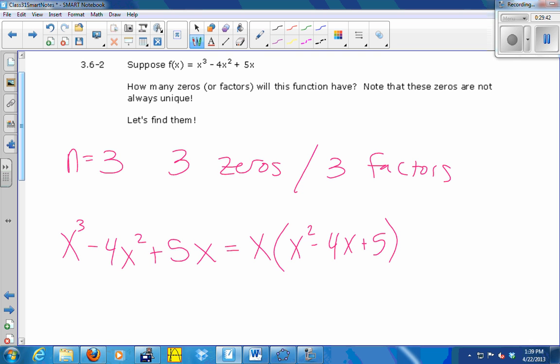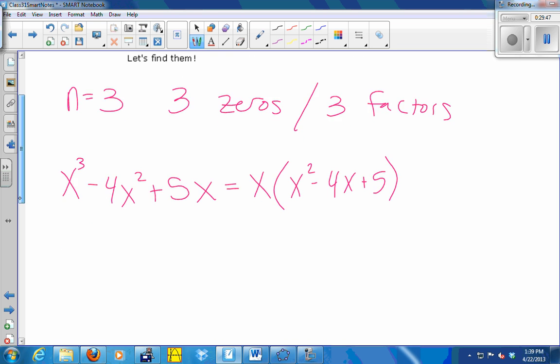And does x squared minus 4x plus 5 factor? I don't think it does factor.